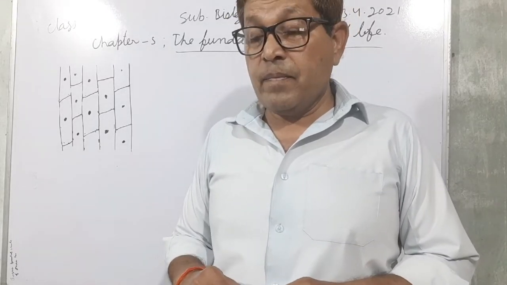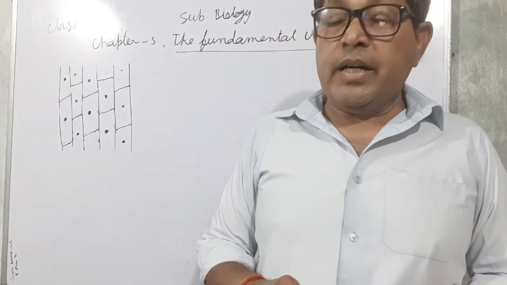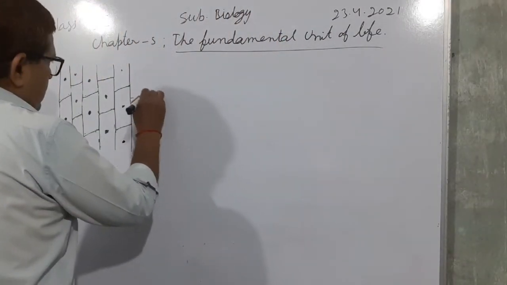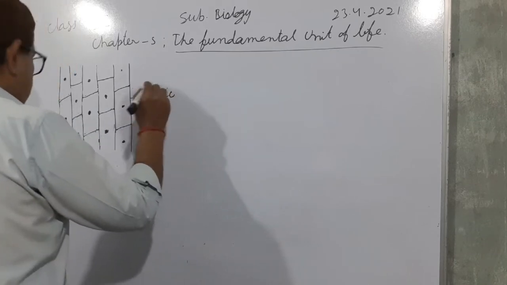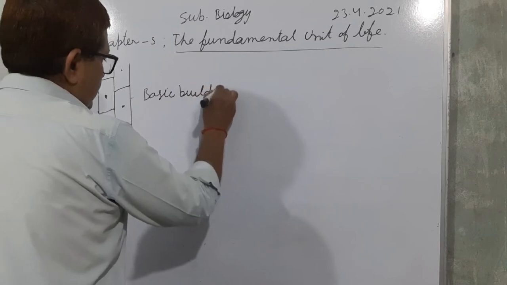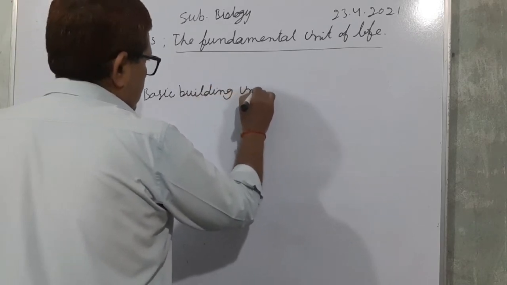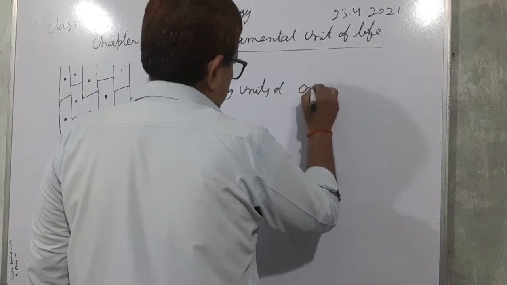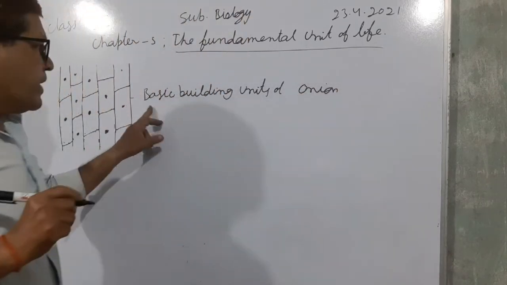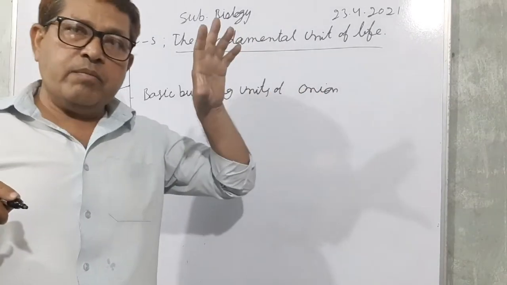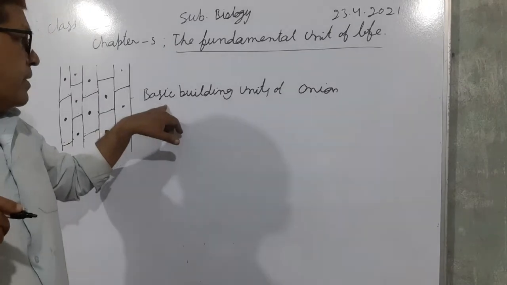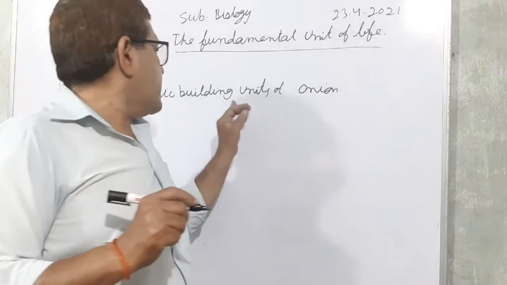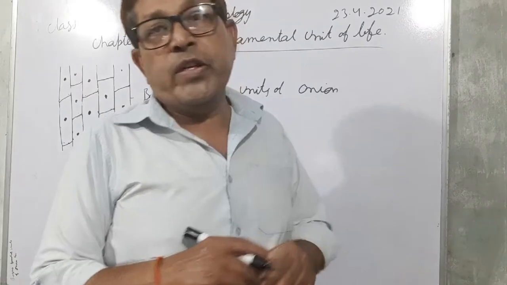These small structures that we see are the basic building units of onion. In the onion bulb we observed, we find such structures.